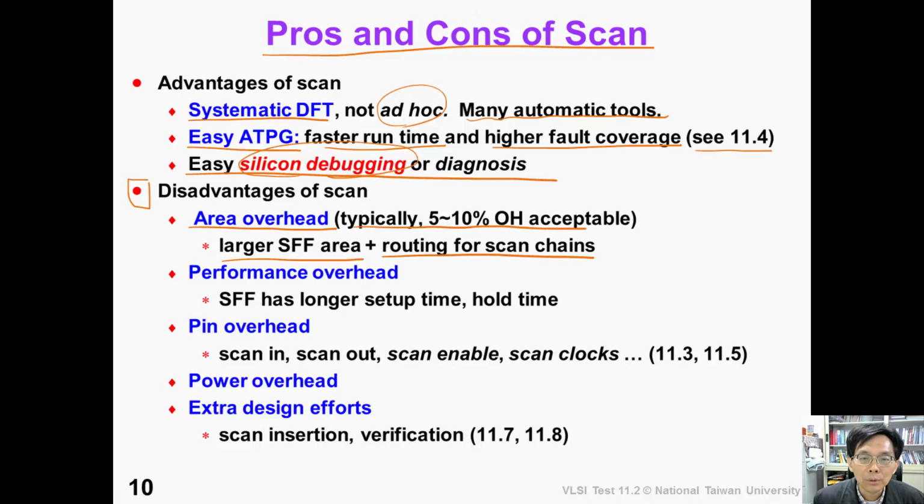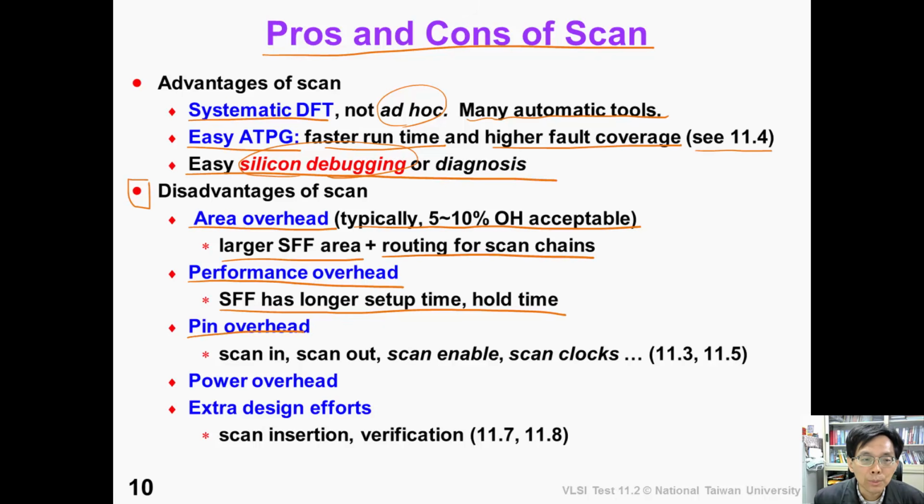Typically, 5 to 10% of area overhead is acceptable. Second, we have performance overhead because a scan flip-flop has longer setup time and hold time. So the performance of the chip can be degraded after scan insertion.